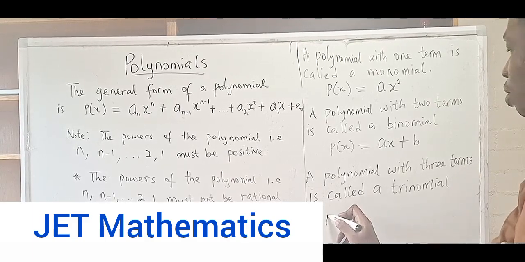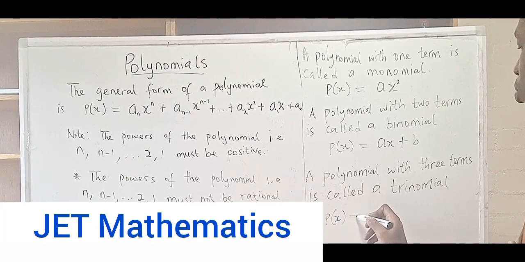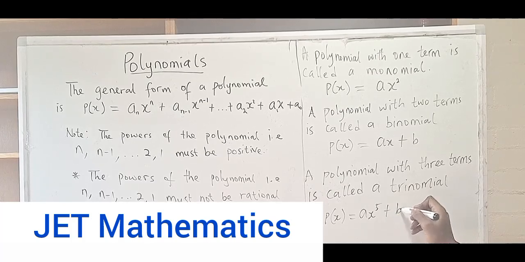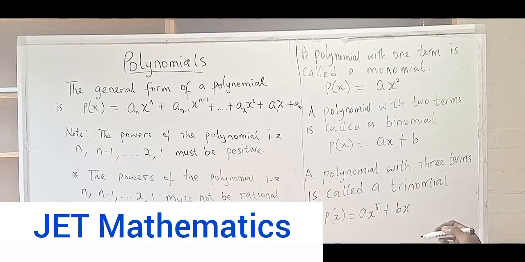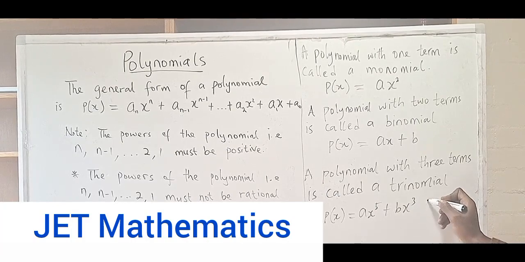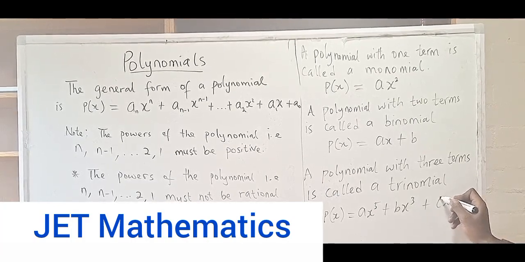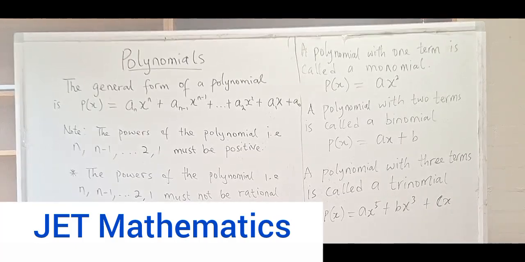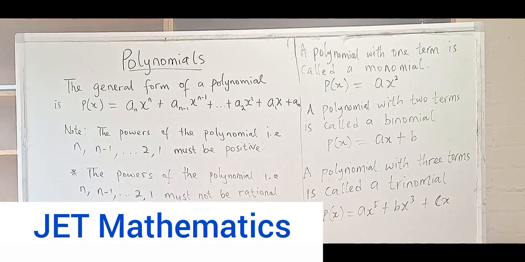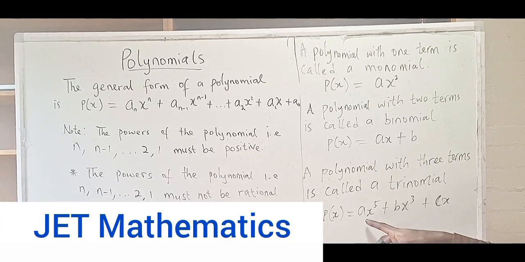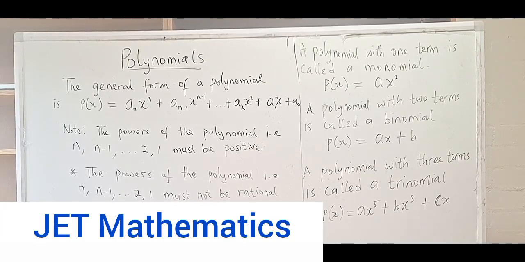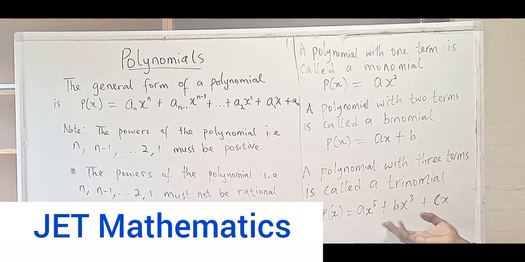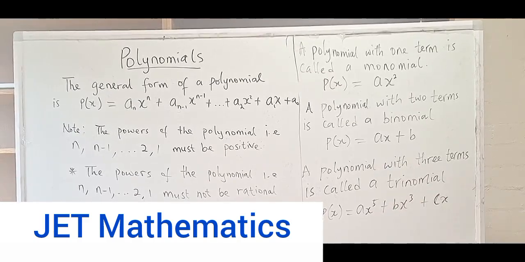For instance, we have P of x equals ax to the power 5 plus bx to the power of 3 plus cx. All these a, b, and c are numerical coefficients. But it has just 3 terms: 1, 2, 3. So this polynomial is a trinomial.